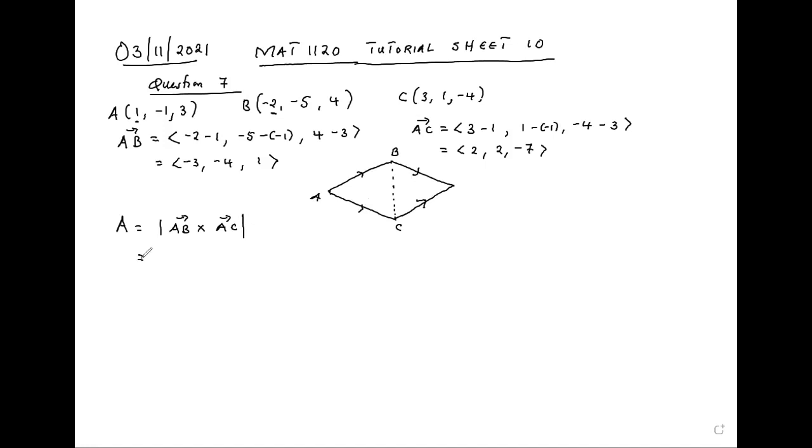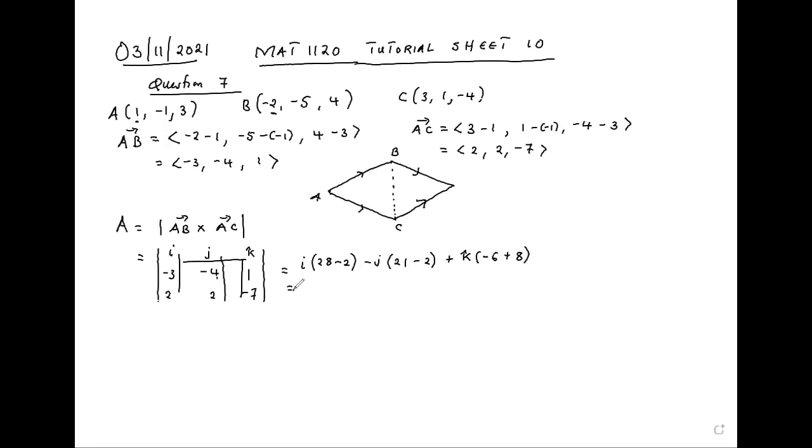when you say cross product, we define the cross product as a determinant of the matrix i, j, k, the row -3, -4, +1, the row 2, 2, -7, which is equal to i, and then you cancel here, cancel there, then you get 28 minus 2, minus j, you cancel here, you cancel there, get 21 minus 2, plus k, you cancel here, you cancel there, get -6 plus 8.